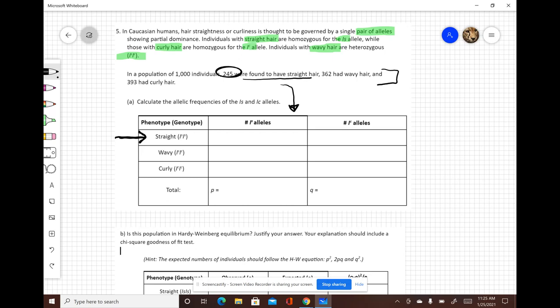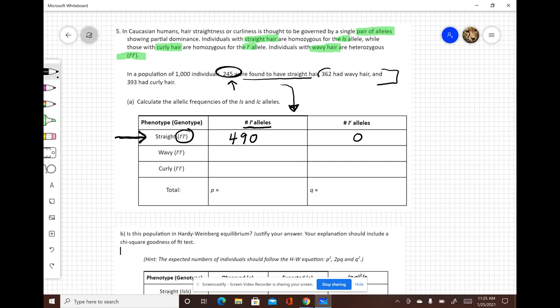So if we want to know how many S alleles they have, we're going to take their total population and multiply it by 2 because we have 2 S alleles involved here. So 245 times 2 should give us 490 total S alleles for the straight hair population that we're given. There are no C alleles in straight hair, so we would have 0.